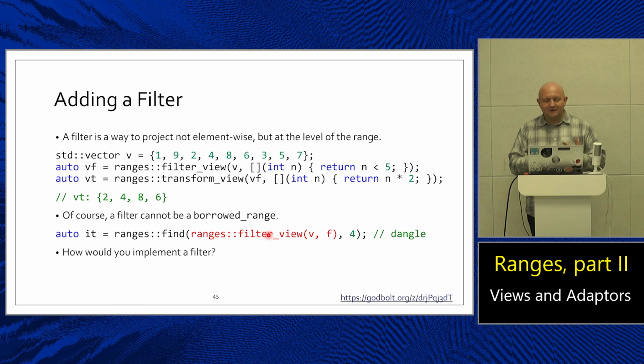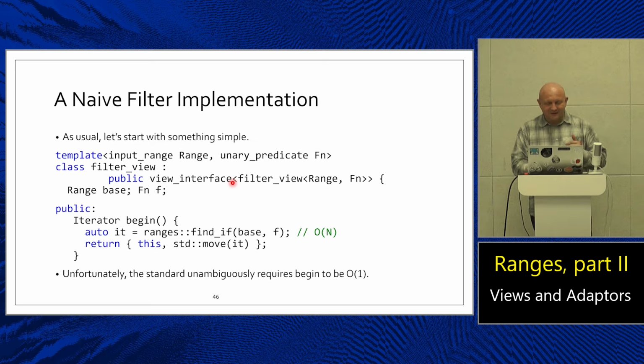So now let's think. In order for this to work, how would you implement a filter view? Please pause this video and try to design what a filter view will look like. Try to write it on a sheet of paper, maybe. 3, 2, 1. And I believe you did it. Let's start as usual with something simple.